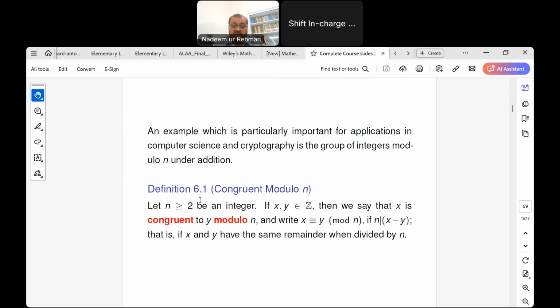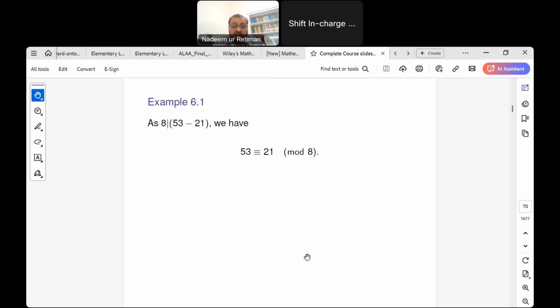If n is greater than 2 be an integer, and x, y are elements of Z, we say that x is congruent to y modulo n, and we write x ≡ y mod n. This means n should divide x minus y, that is, x and y have the same remainder when divided by n. So we just say it in this form.